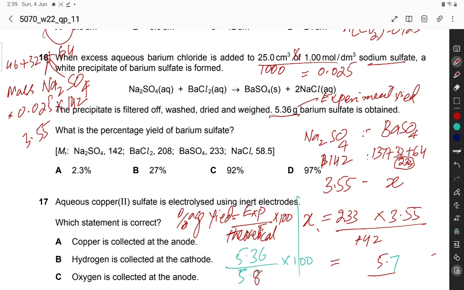This is 5.8. Now 5.36 divided by 5.8 is equal to 92% into 100 is equal to 92.4%. This is the best option.